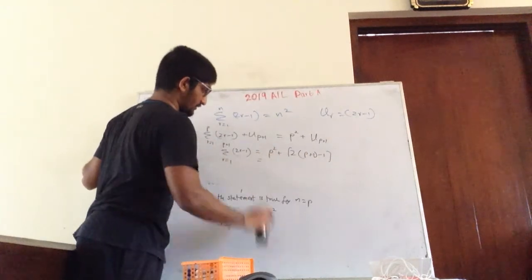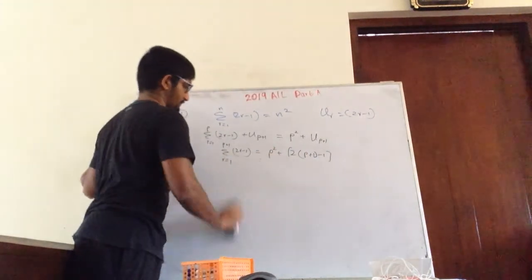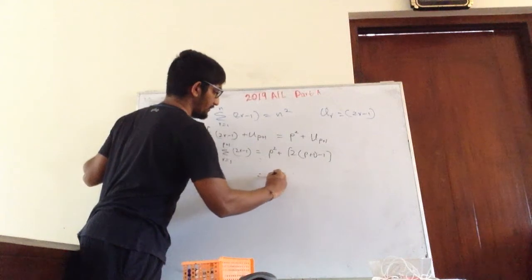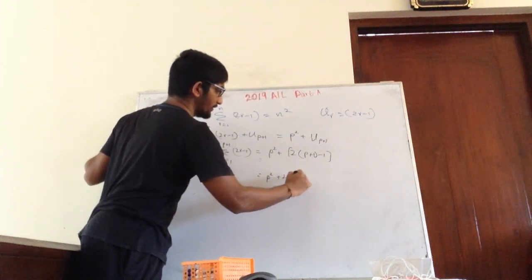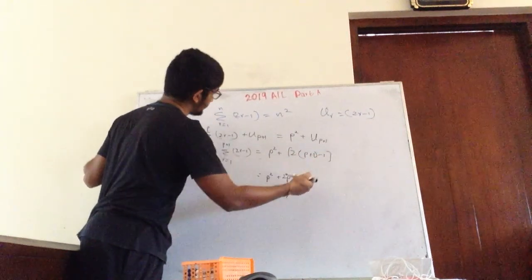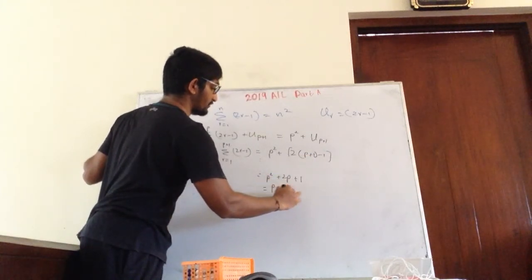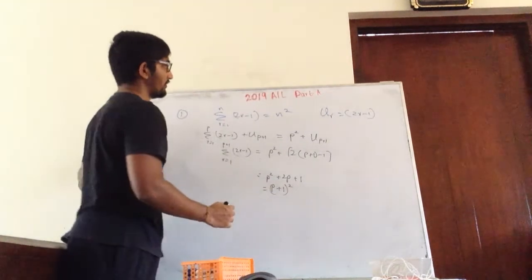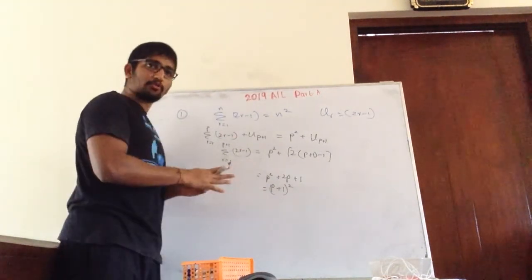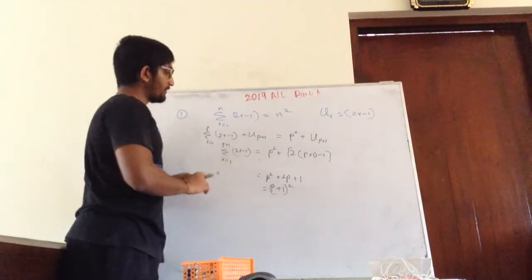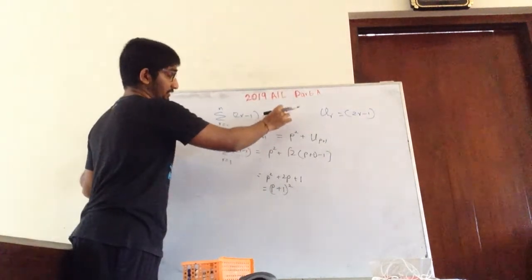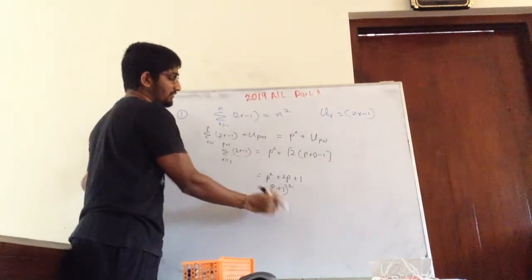Then you will get p squared plus 2p plus 2 minus 1, which is going to be 1 here. So this is (p plus 1) squared. Right? So now we have found the answer we want. Right? So now this is p, this is n, so this is (p plus 1) squared.